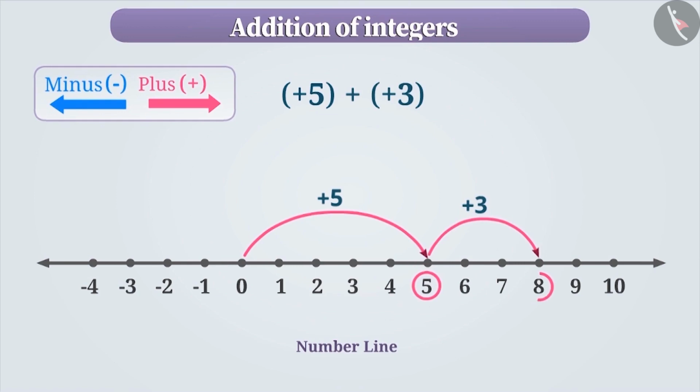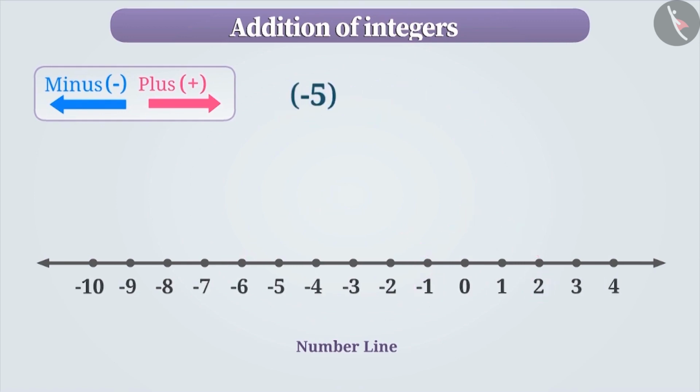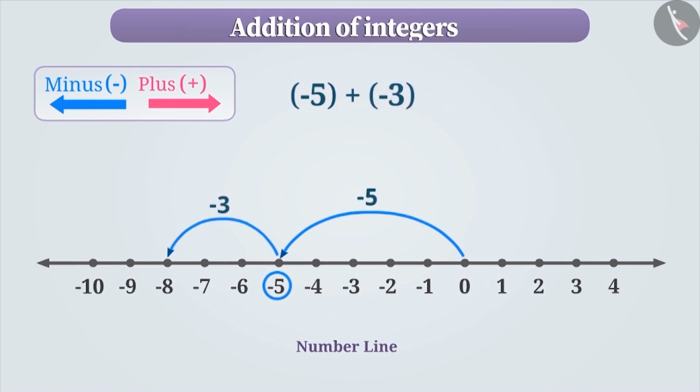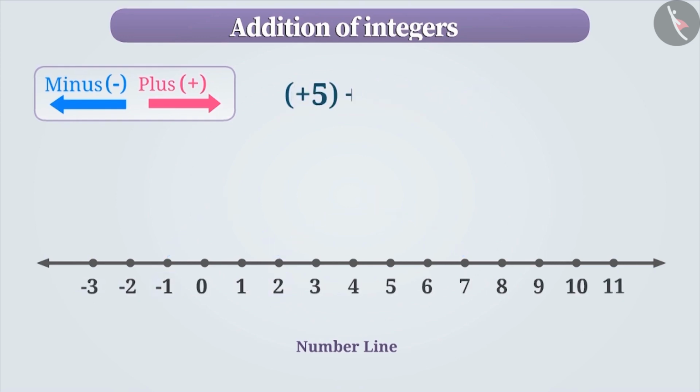Similarly, if we have to find the value of minus 5 plus minus 3, move 5 steps towards the left of 0. And since the sign of the second integer is negative, move 3 steps again towards the left of the first integer. We now arrive at minus 8, which is the result of minus 5 plus minus 3. Now suppose we have to find the value of plus 5 plus minus 3 on the number line.